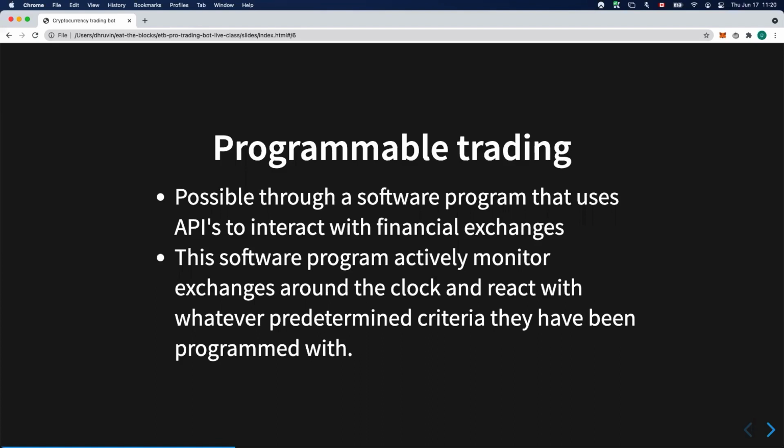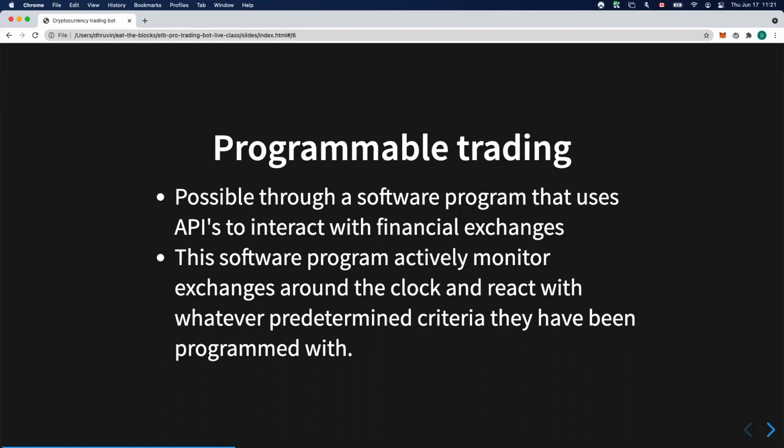Now, when we talked about arbitrage, we need to communicate with multiple cryptocurrency exchanges. I would like to make one thing clear before we move forward: here in this live class we are going to focus on the centralized cryptocurrency exchanges and not the decentralized ones.